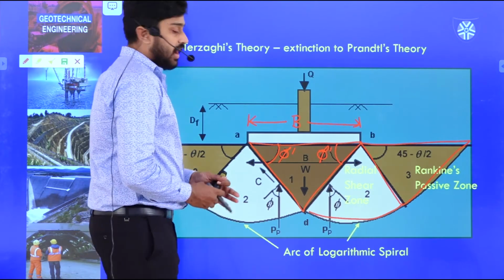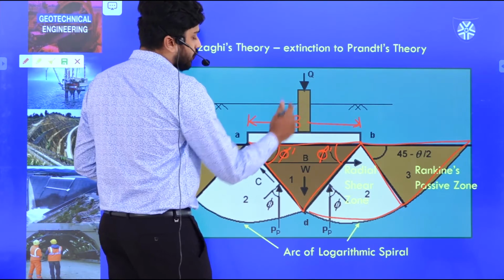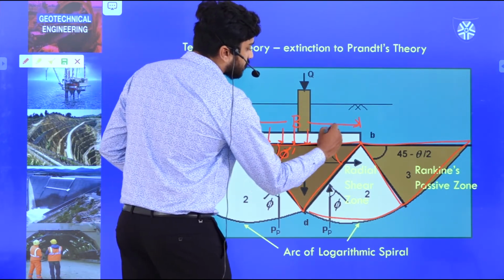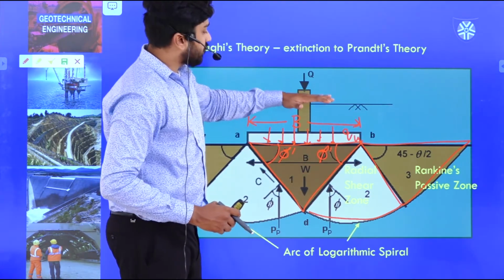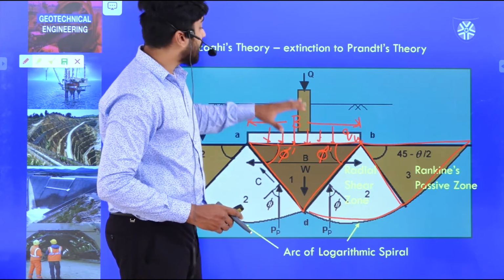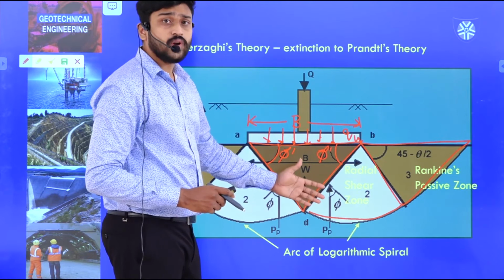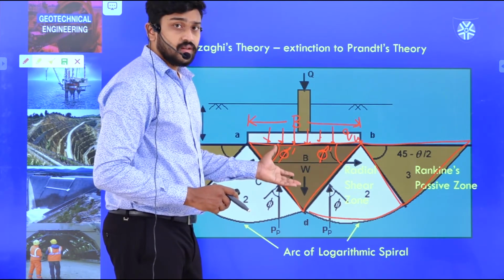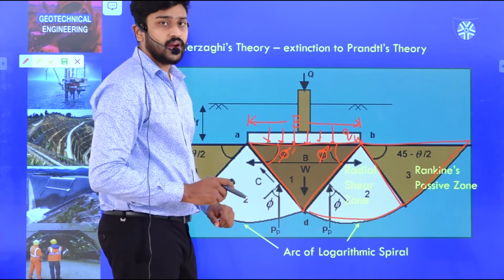The foundation load is coming onto this uniformly, so let us denote it as QU. Let us consider this on a two-dimensional plane, and let phi dash be the angle of internal friction for this wedge and W be the self weight coming down.